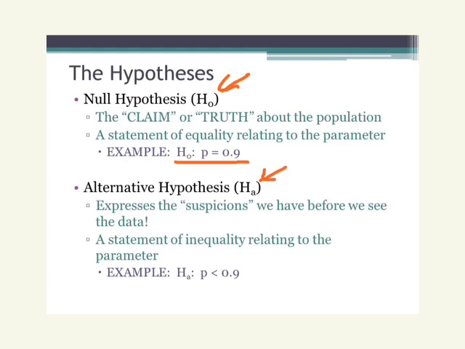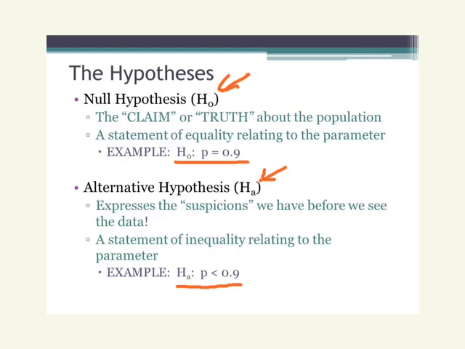So in your mind, the alternative hypothesis would be that my proportion of free throw shooting is less than 90%, all right? And so again, that would represent your suspicions, and that would be what you're trying to find evidence to support. You're trying to disprove my claim of being a 90% free throw shooter and show that no, Mr. H, we really don't think that is the case, all right?